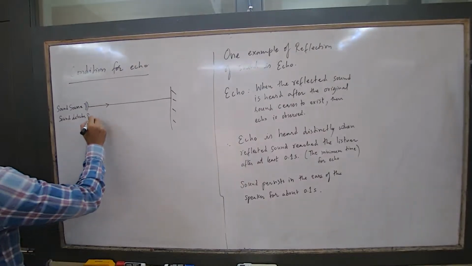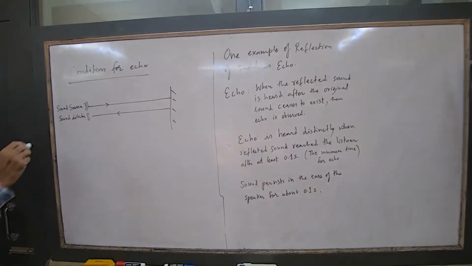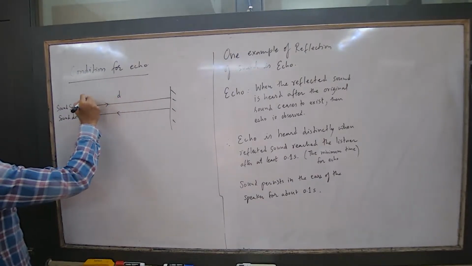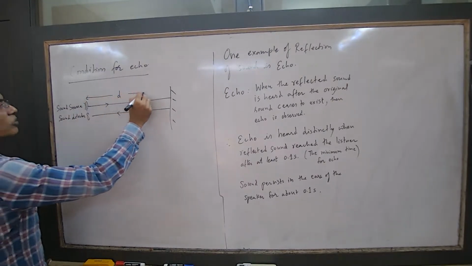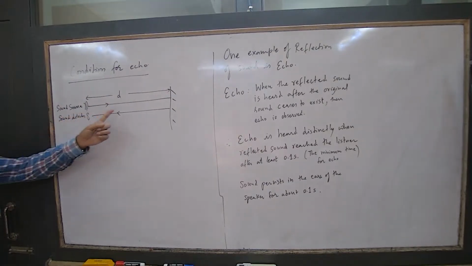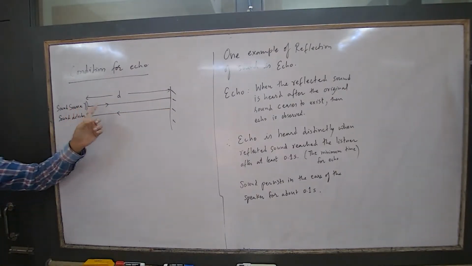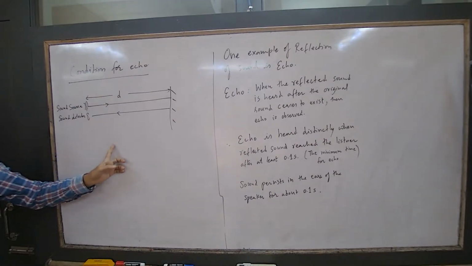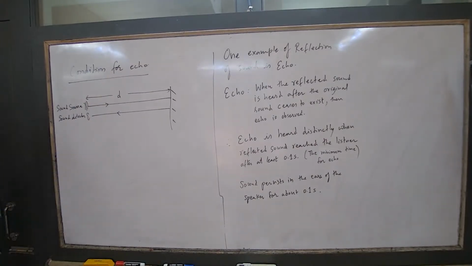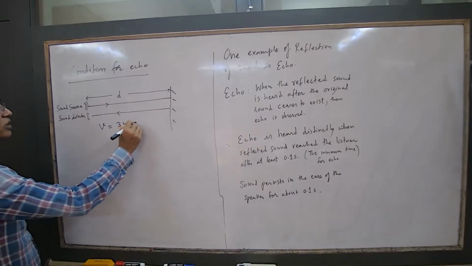Somebody is speaking. So when the reflected sound comes back, right? Imagine this distance is d from here to here. So sound is traveling d and coming back d. So what is the total distance traveled by sound? 2d, right? And the speed of sound is 344 meter per second.